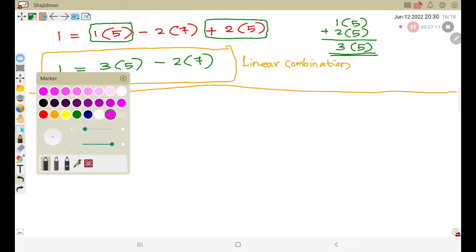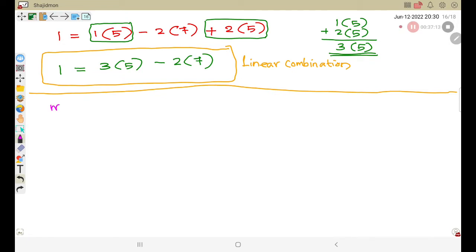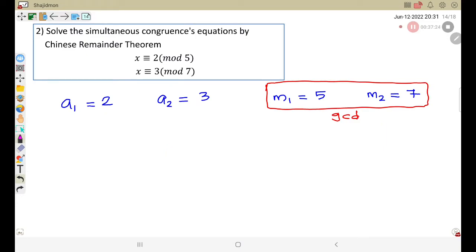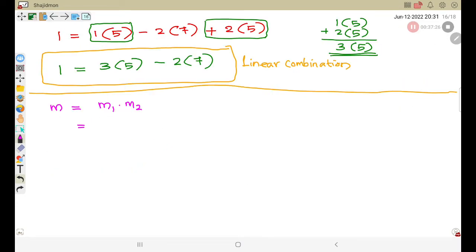Now we are going to the second step. We need to write what is m equal to, correct? What is m? m1 multiply m2. What is m1 here? As we discussed in the question, m1 is 5, m2 equal to 7. So m equals 35.